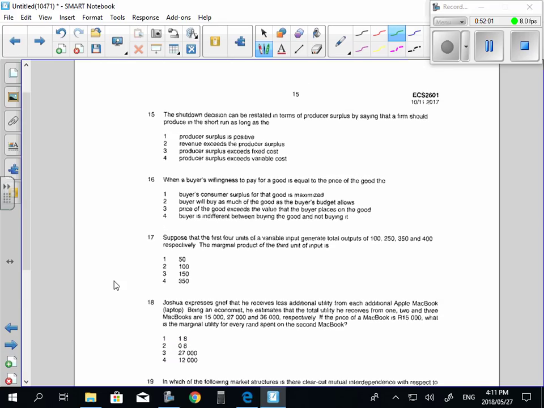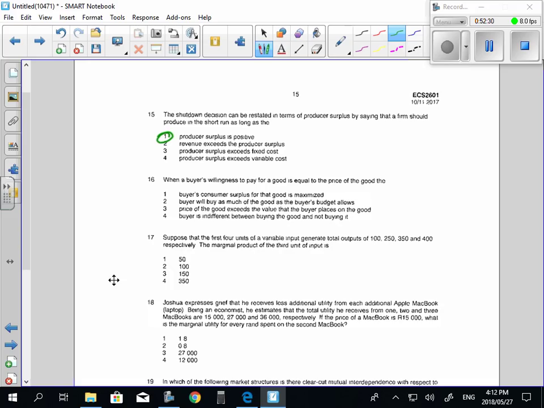The shutdown decision can be stated in terms of producer surplus by saying that a firm should produce in the short run as long as the producer surplus is positive. As long as you are producing a product and selling it for more than it costs you to produce that product. Okay. Remember, producer surplus is the area above the supply curve and below the market price.